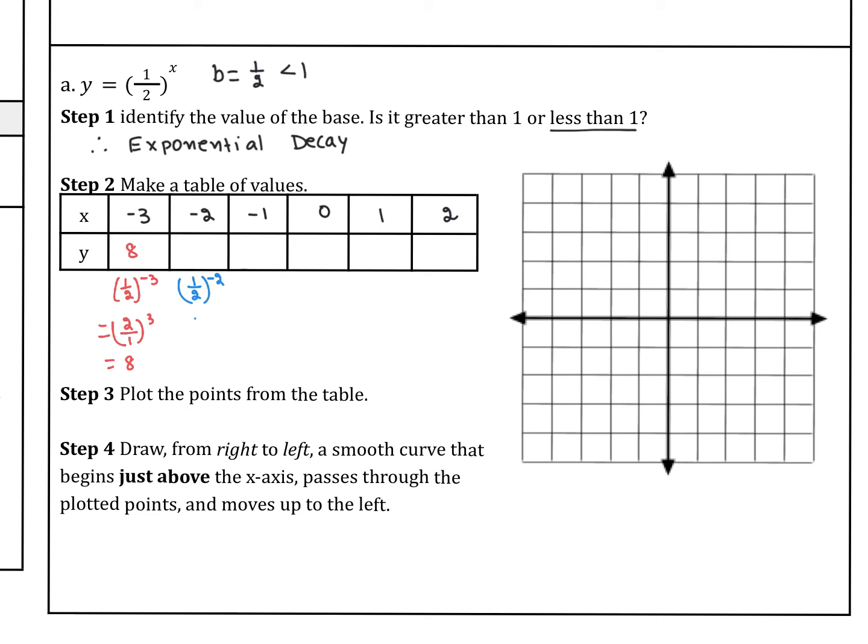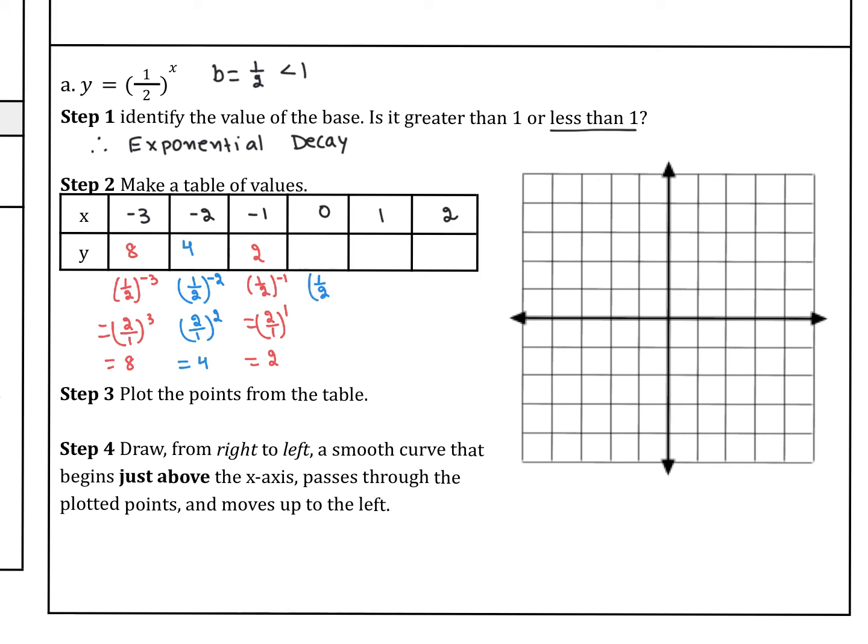Flip it because you're going to make the power positive. 2 to the power 2 is 4, so that's going to be 4. 1 over 2 to the power -1, and that's 2 over 1 to the power 1, so that is 2.